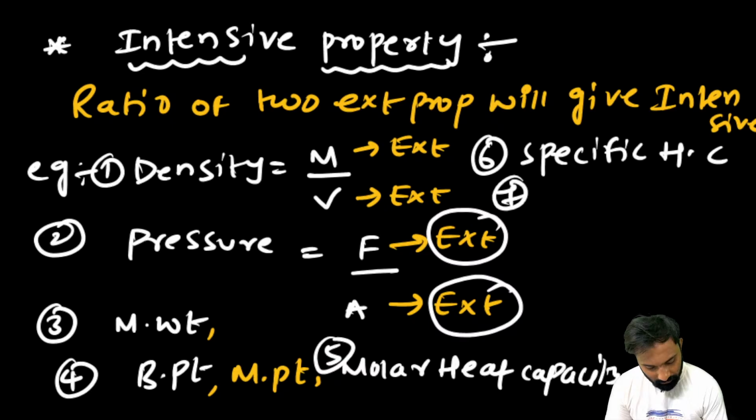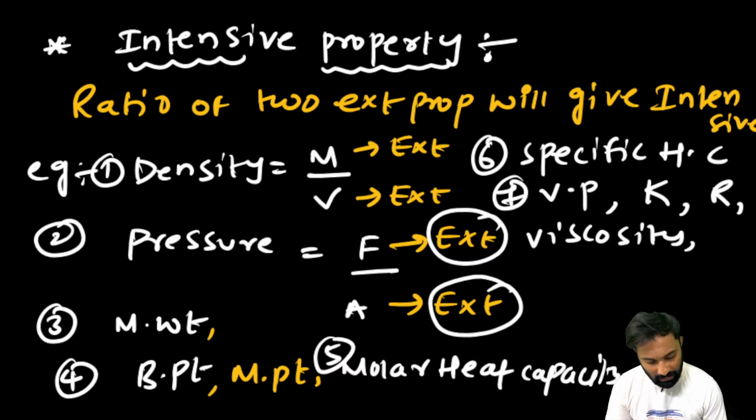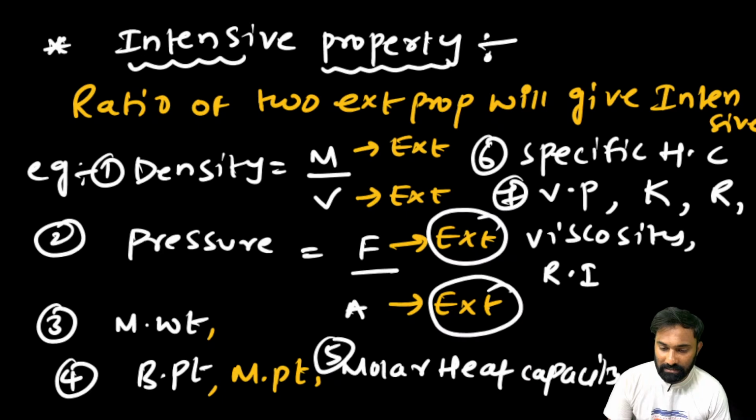And next, vapor pressure. This is also having a fixed value. Clear? And rate constant K, and universal gas constant R. Clear? And viscosity. Clear? And the refractive index. This all will come under which one? Intensive property examples. Done?